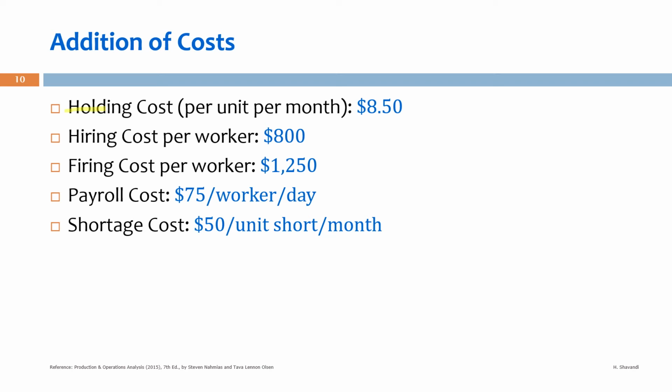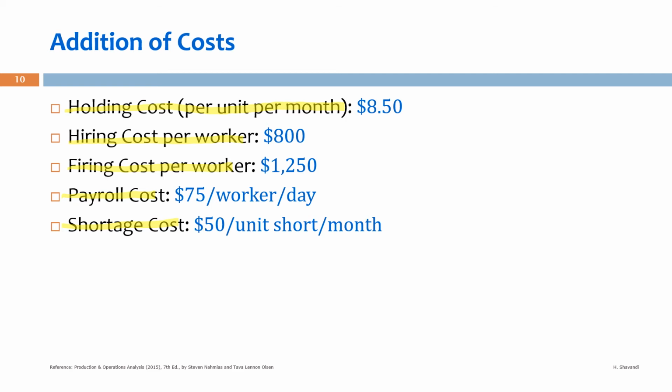The holding cost per unit per month, let's say it's $8.5. The hiring cost per worker, let's assume it's $800 per worker. The firing cost per worker is $1,250. Payroll cost is $75 per worker per day, and the shortage cost here is $50 per unit short per month.